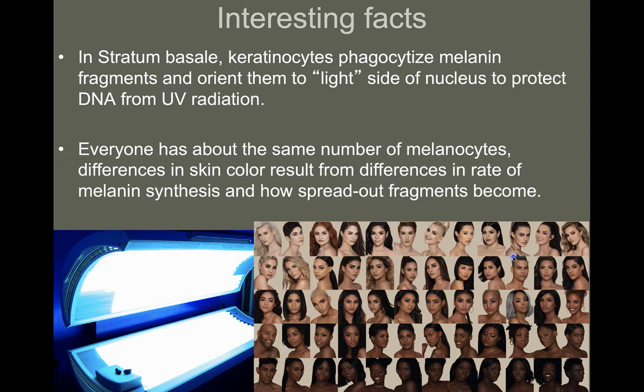But what is different is the rate of melanin synthesis and how spread out or concentrated those fragments become. So up in the top left, with a very fair-skinned individual, they would just have a much lower rate of melanin, and those melanin fragments would be spread out. In the bottom right, we would have a much higher melanin production and more concentrated melanin fragments within those keratinocytes.